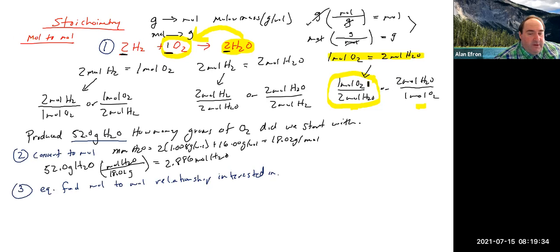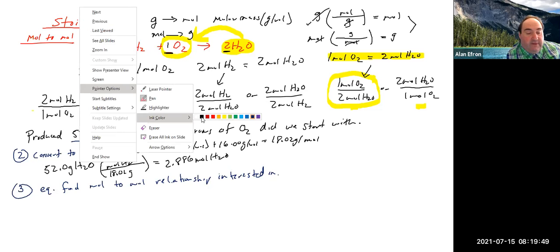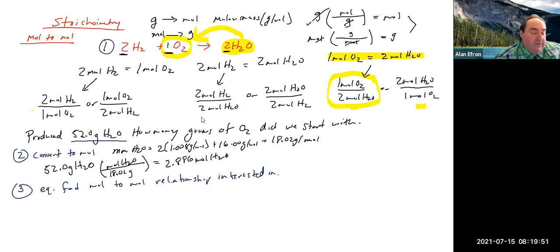Otherwise, probably something's wrong here, but we would use that one. And that would be the third step. That's the stoichiometry step. That's the step that people get all freaked out about, like, I'm not sure what to do. But it really is just simply going to the balanced equation and finding the 2 things you're interested in. One is what they gave you. The other thing is basically what you're trying to find.